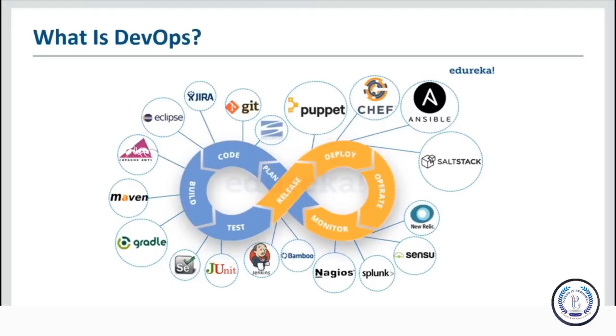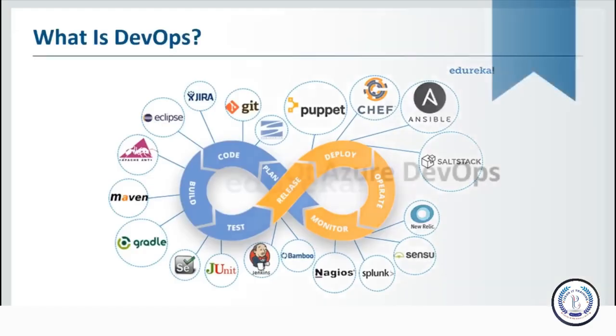So you don't have to worry if you are not part of any of these particular areas, for example, if you're not part of deployment or monitoring and you are on the development side, that you won't be able to use DevOps. The answer is yes, you will be able to use DevOps, and in fact, it will help you move towards DevOps, even if you know maybe a couple of parts of it.